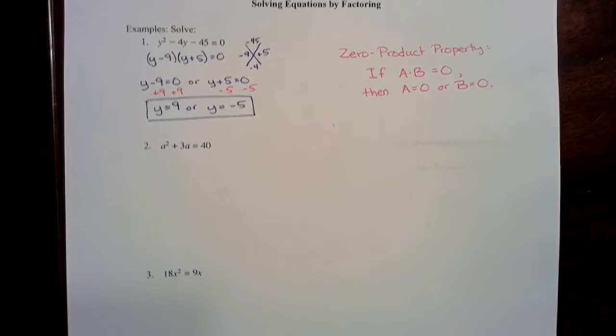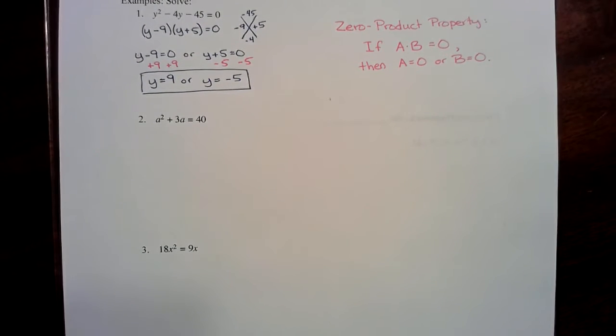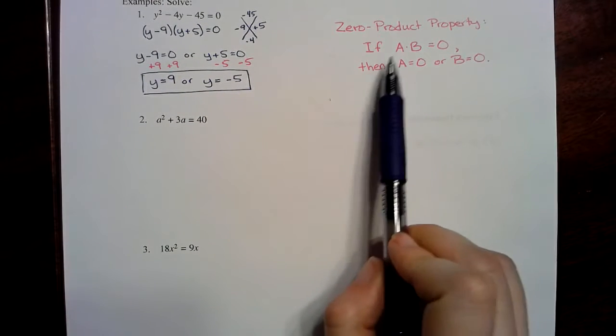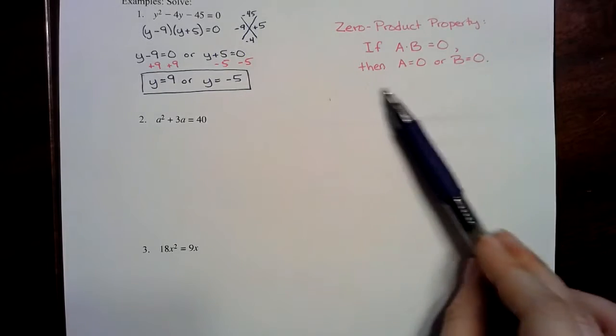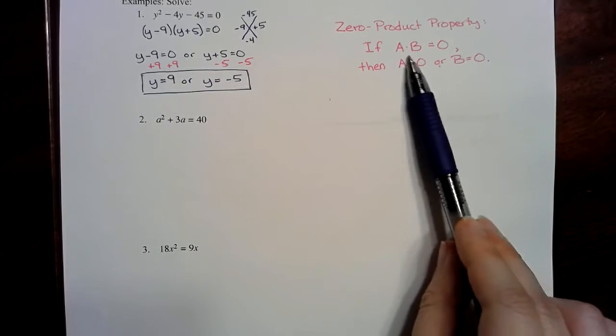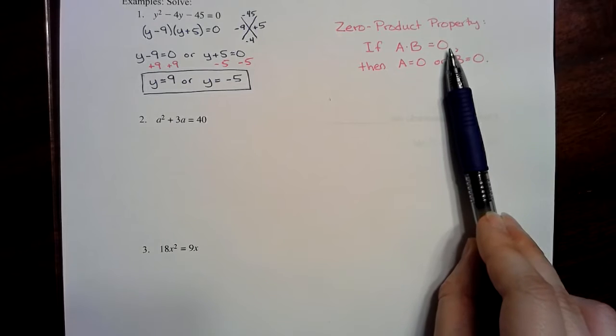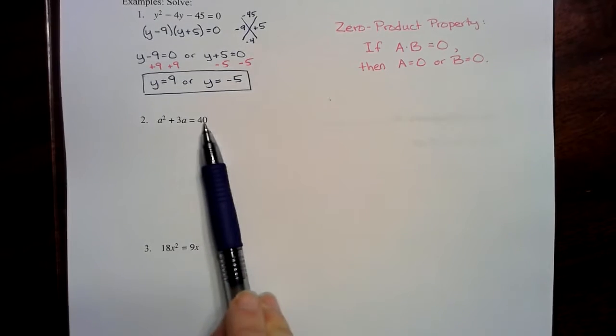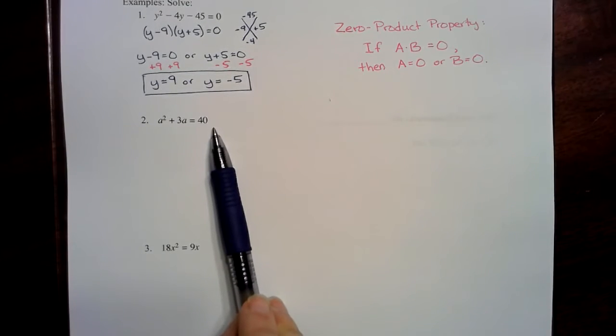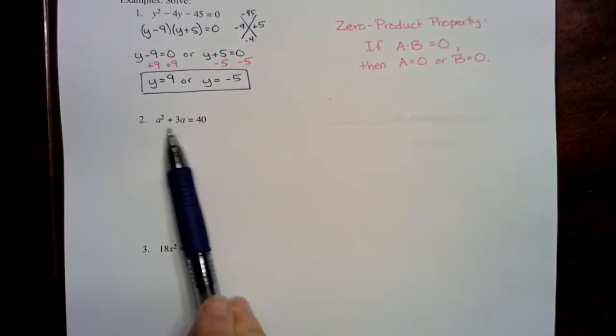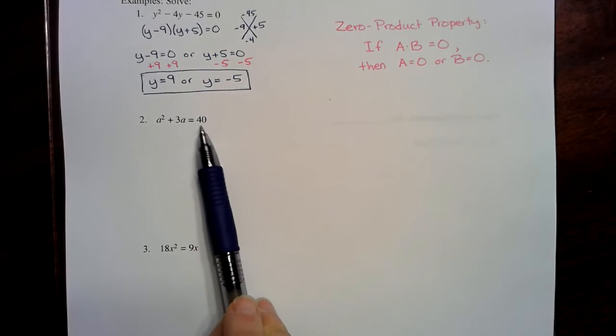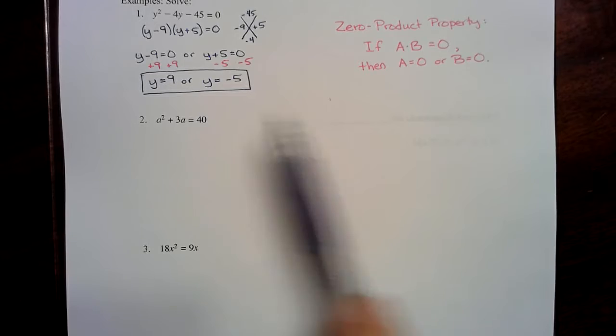Let's try it again. Now, in order to use the zero product property, I have to have the two things multiplied together equaling 0. So it's not actually helpful to factor this expression until it equals 0 on the other side.